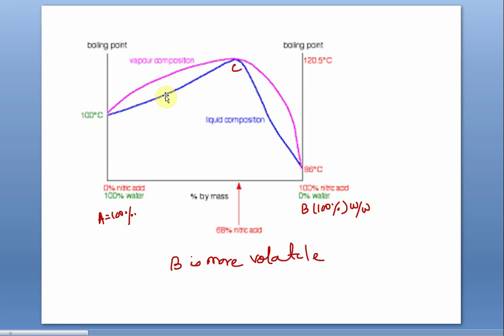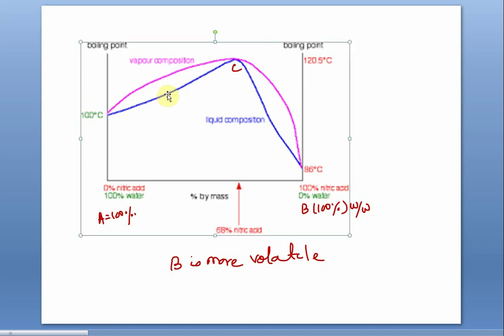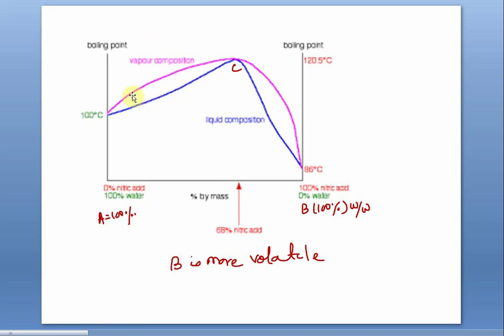So it is 40% nitric acid I give you, and I give you the fractional distillation flask. What do you get? If this is the composition of liquid, the corresponding vapor composition is here. Raoult followed by Dalton, the composition is here in the reverse direction.